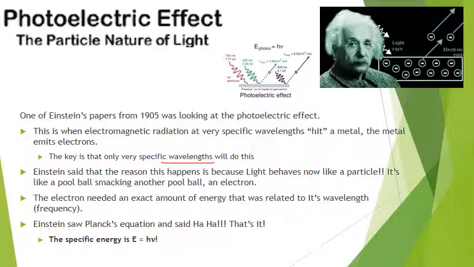So Einstein just sat around, thought about that, and he knew about Planck's constant and idea. Planck came up with this idea in like 1900, and this was 1905. He said the reason this happens is that light changes from a wave to a particle. To get this electron out of this metal needs a very specific wavelength.